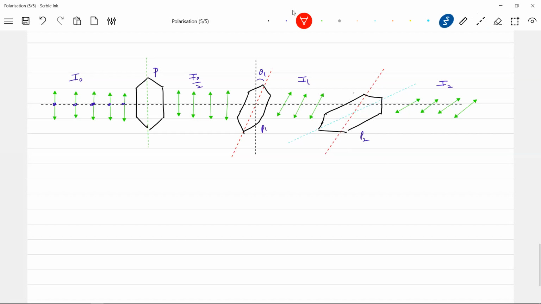These two lines are parallel. What is theta 1? The angle made by polarizer P1 with the polarizer P. Theta 2 is the angle made by the polarizer P2 with the pass axis of polarizer P1. So this dotted line is the pass axis of P1.